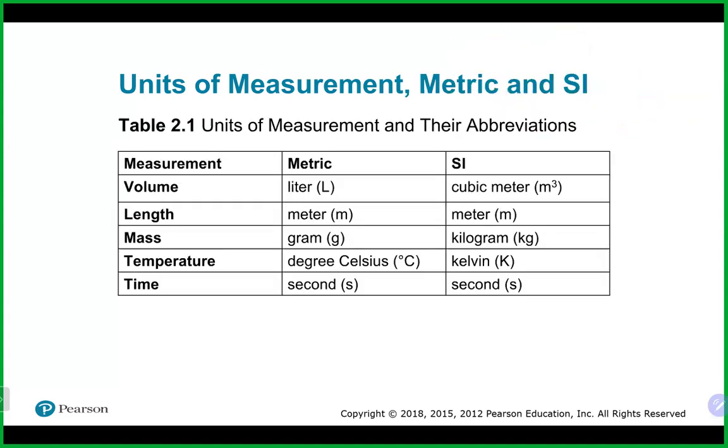And speaking of that, when we talk about volume, the SI unit is the cubic meter. The metric unit is the liter. When we talk about length, the SI unit is the meter. When we talk about mass, the SI unit is the kilogram.